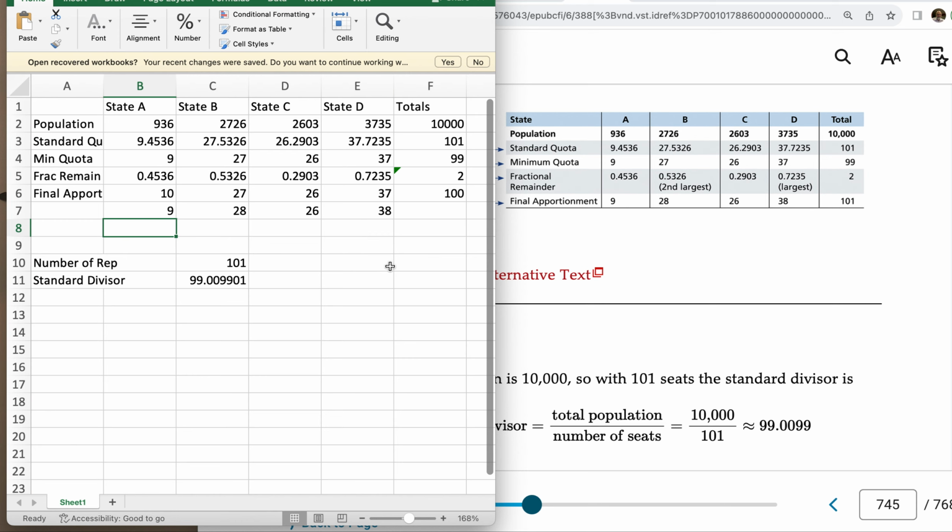Jefferson came up with a different method. It's almost the same. And let's go back here. So we go back to 100 representatives. And we're back to that other table.